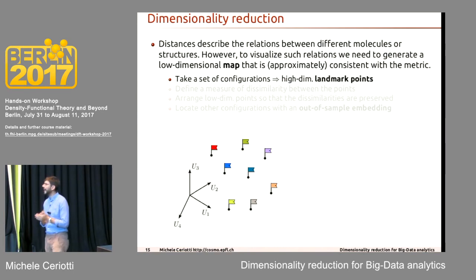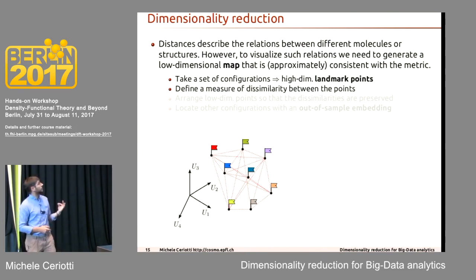So how can we understand something that lives in a 24-dimensional hypertoroidal space? That's the question. The idea here is that each structure is a point in this space, and what you can do is measure the distance between these points. And this could be the Euclidean distance, as simple as that.